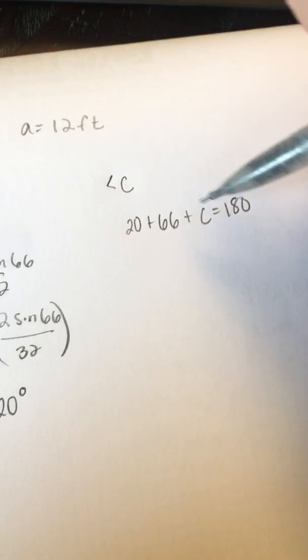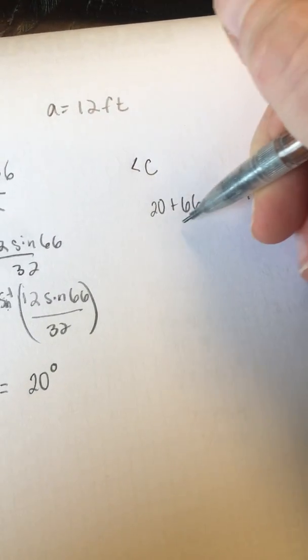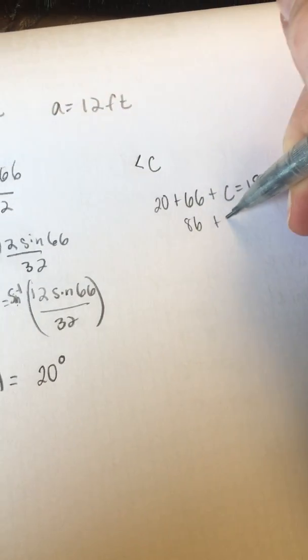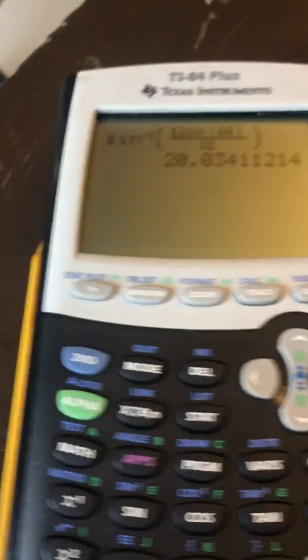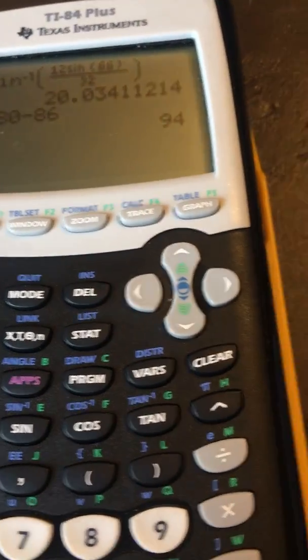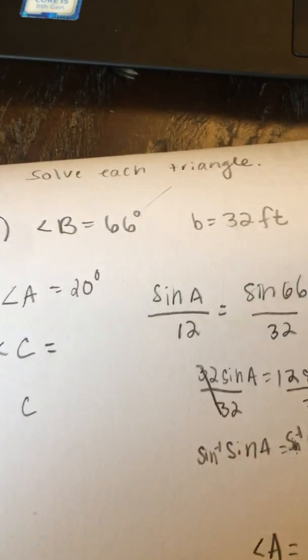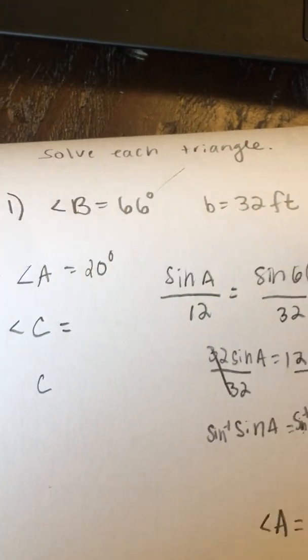All three angles in the triangle will add up to 180. So I get 86 plus C equals 180. Subtract over the 86. 180 minus 86 is going to leave me with C being 94 degrees.